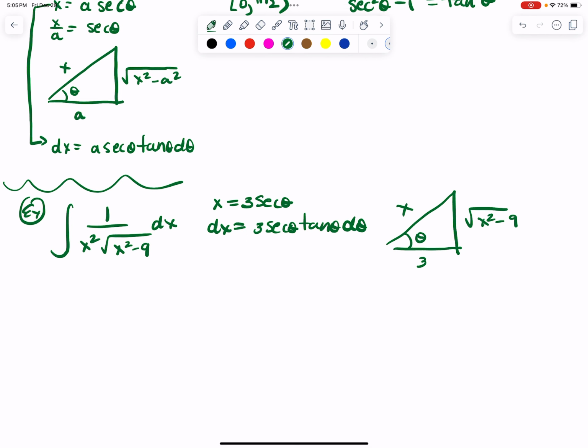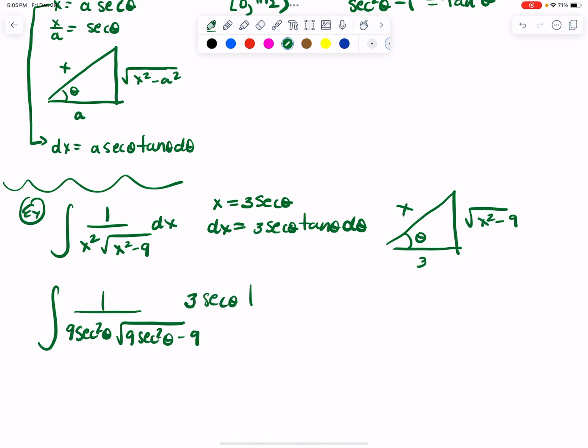Okay, so then this integral becomes 1 over 9 secant squared theta, and then the square root of 9 secant squared theta minus 9, and then your dx is going to be 3 secant theta tan theta d theta.